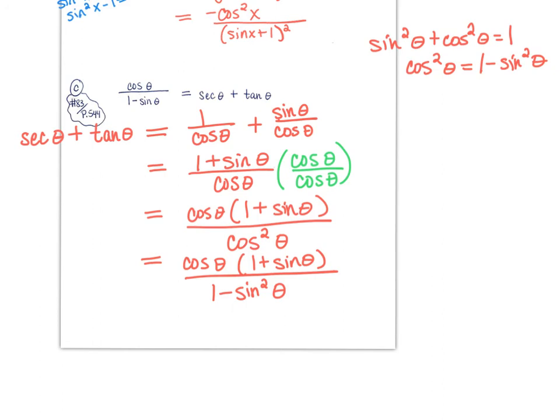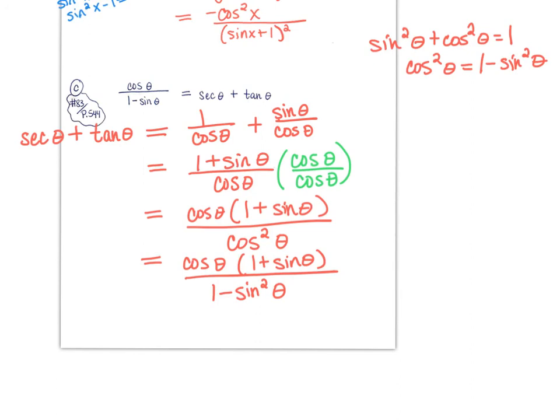Can you somehow rewrite that as sine squared theta plus cosine squared theta? No, we just used that identity to solve for cosine squared theta, and then we substituted that in. So you don't want to work backwards. Okay. Let's go back here.